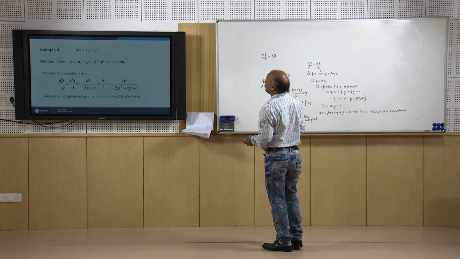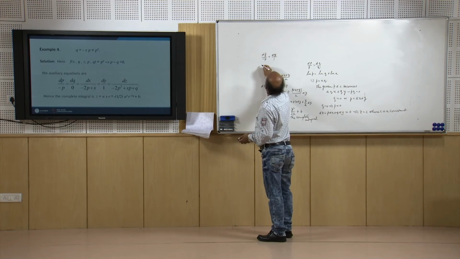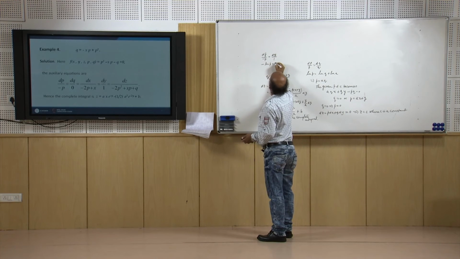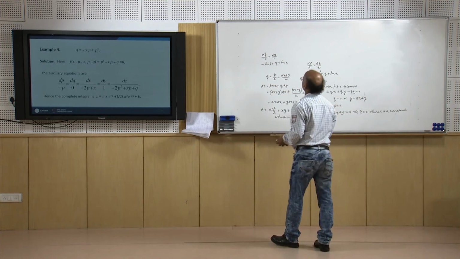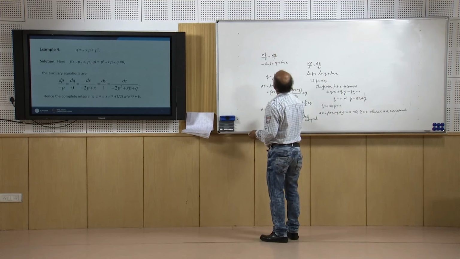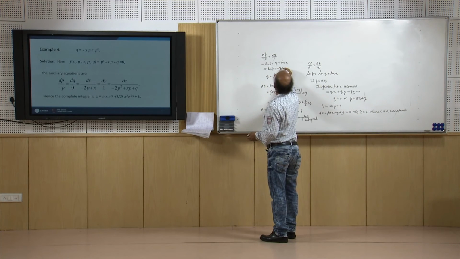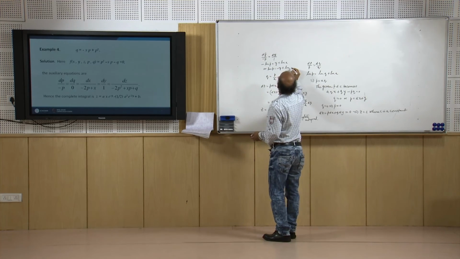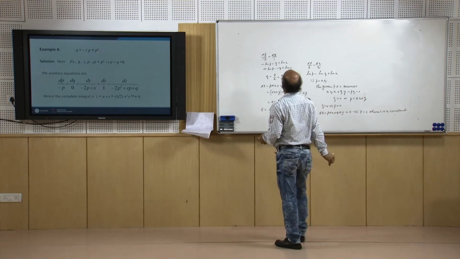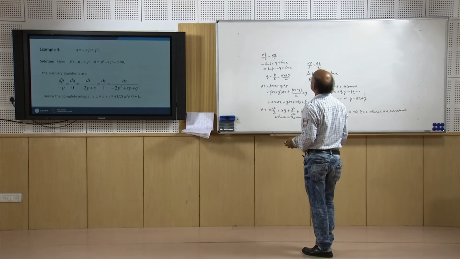So, this will give you, when we integrate, minus ln p equal to y plus ln a, or I can write it as ln p equal to minus y plus some constant ln c, where ln c is minus ln a.